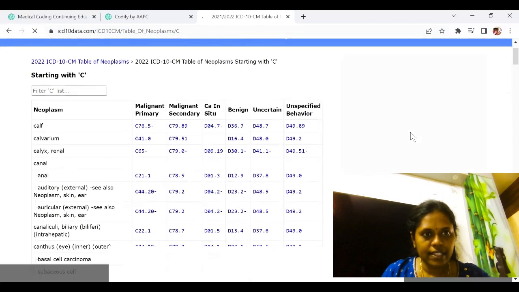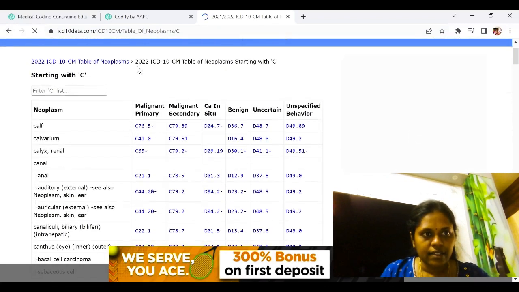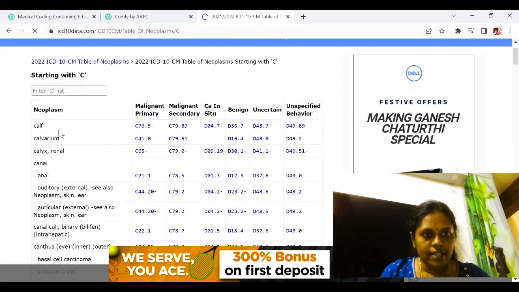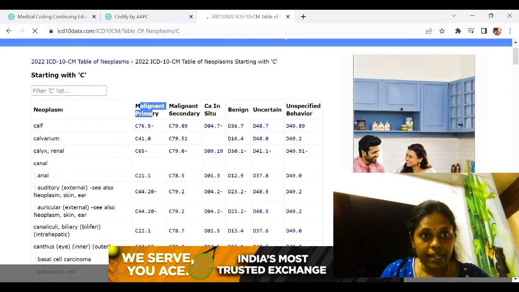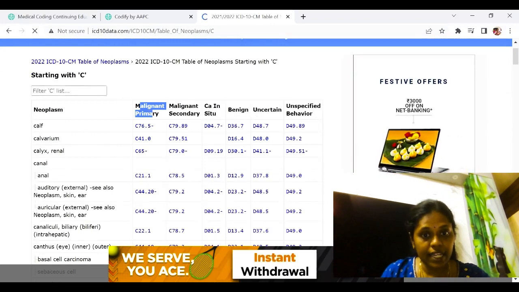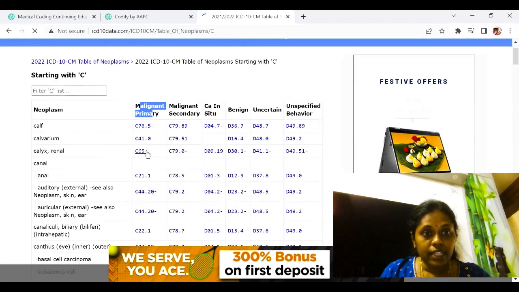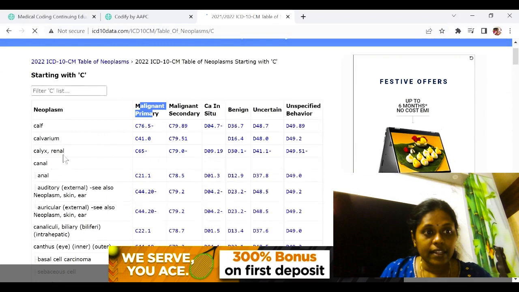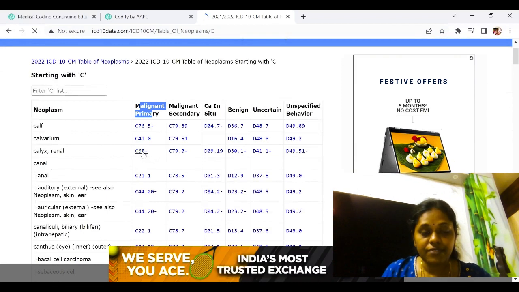See, here it is, the 2022 ICD 10 CM table. See, neoplasm, malignant primary, malignant secondary, carcinoma in situ, benign, uncertain, and unspecified behavior. Don't think these are the complete codes. These are not complete codes. See, calyx, renal, malignant primary, renal C65 dash, there is a hyphen.